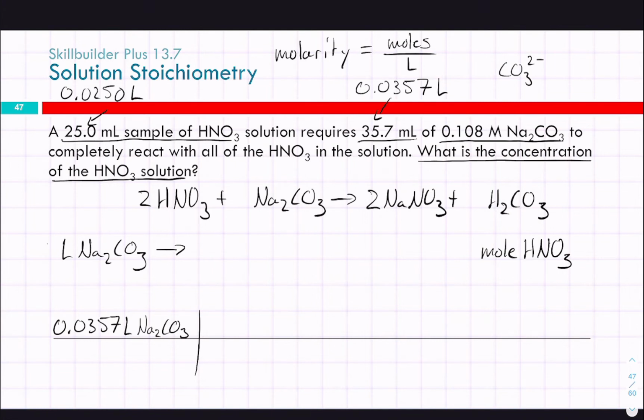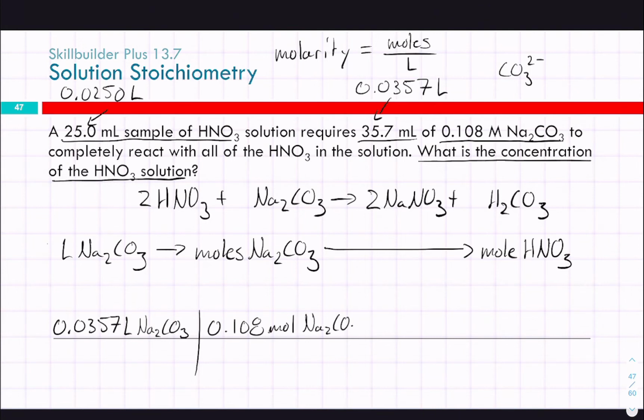So that'll get us to moles Na2CO3. And then really this arrow can go all the way over, because with the balanced chemical equation, we can use our ratio to get moles of nitric acid. So like I said, we're going to use the concentration. So 0.108 moles Na2CO3, and that's per 1 liter.